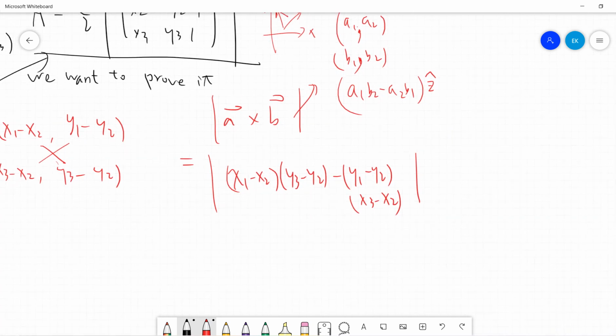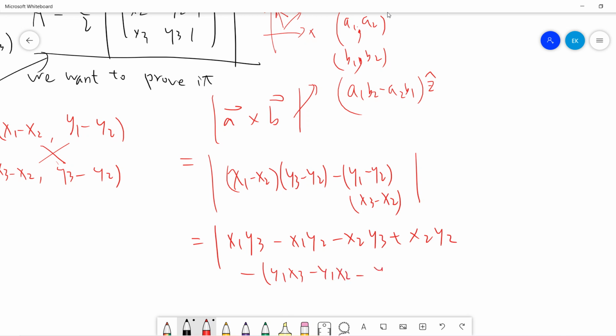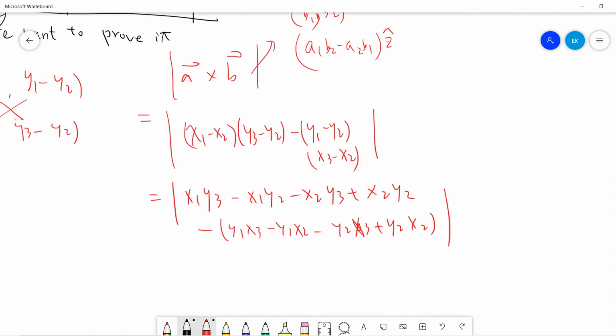Let's see what this is. Expanding, this is x1 y3 minus x1 y2 minus x2 y3 plus x2 y2 minus y1 x3 plus y1 x2 plus y2 x3 minus y2 x2. If I'm not mistaken, the two x2 y2 terms are the same, so let's cancel them.